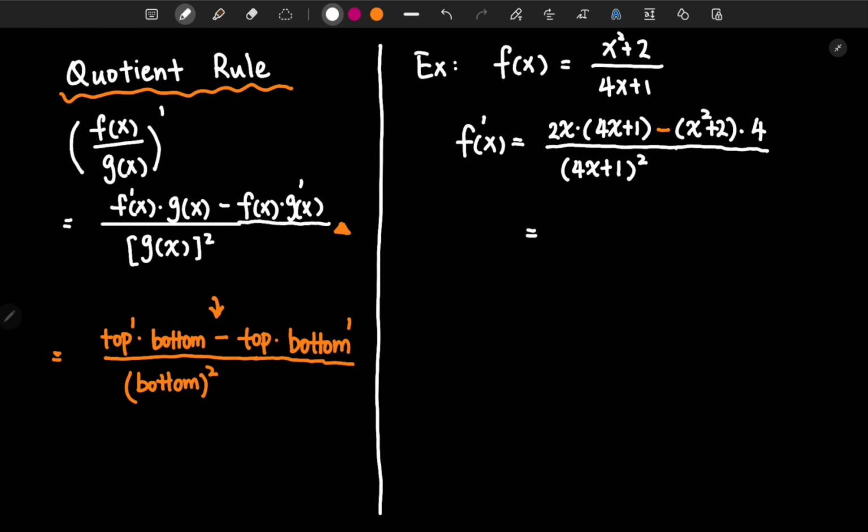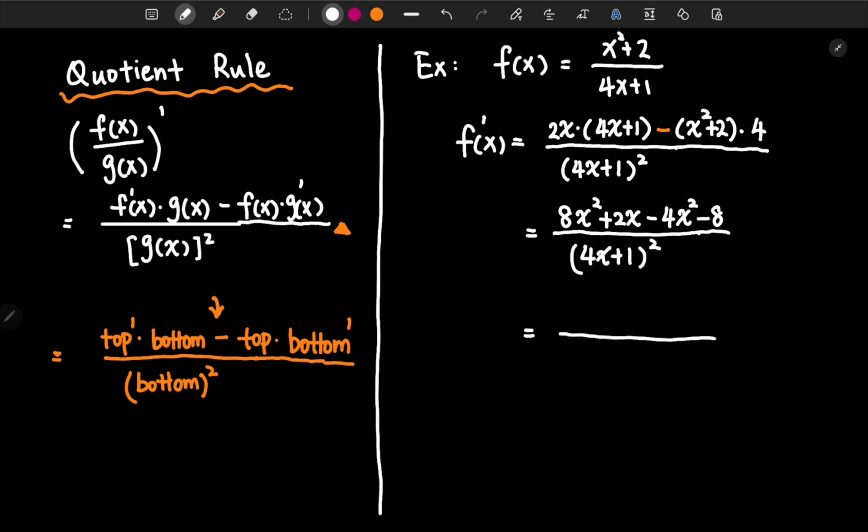Let's simplify it a little bit further. The bottom, we can keep the parentheses as is, 4x plus 1 squared. On top, we have 8x squared plus 2x minus 4x squared minus 8. The bottom we keep the same.